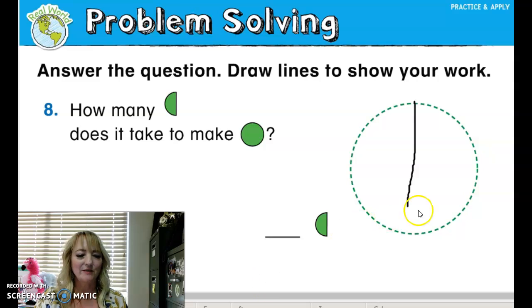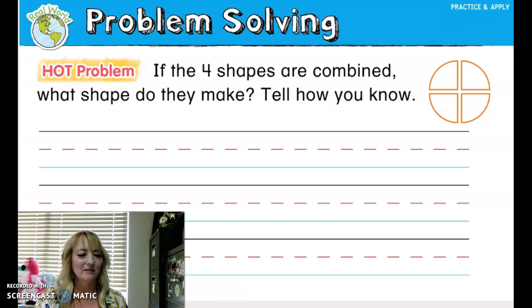Let me try using a different tool. How many semicircles or half circles would you need? Pretty apparent, right? You need 2. So please write a 2 in this section.